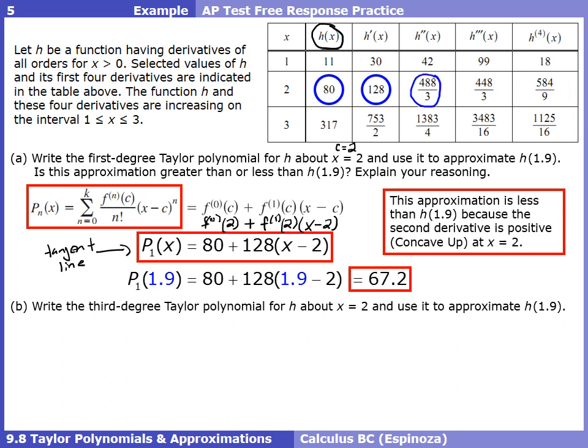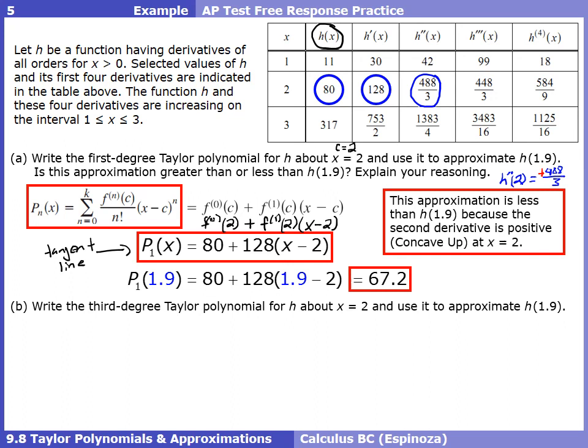Since h double prime of 2 is positive, it doesn't really matter that it's 488 over 3; what matters is that the second derivative is positive. Since the second derivative is positive, we know our graph is concave up.